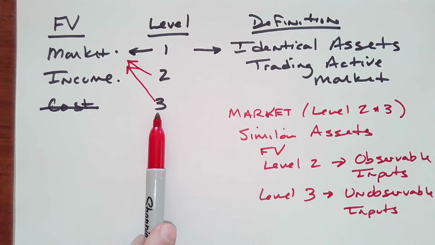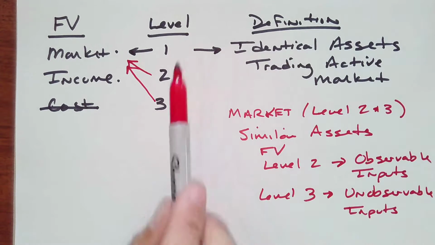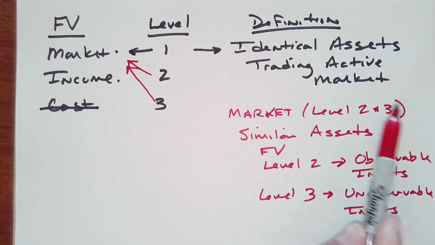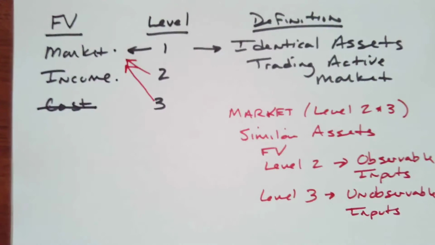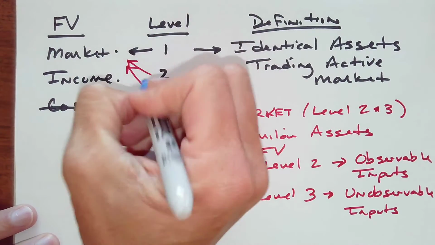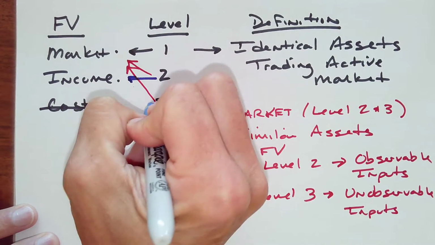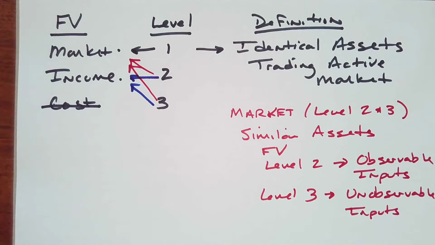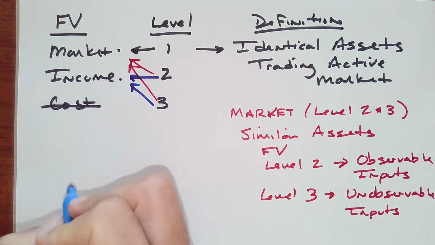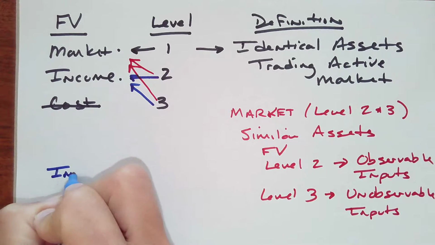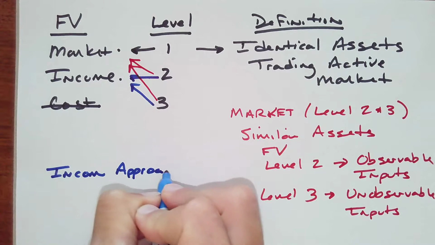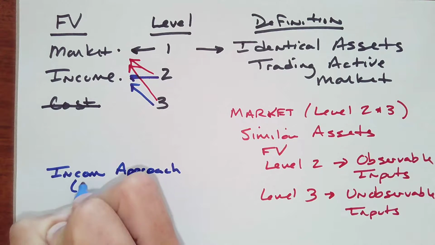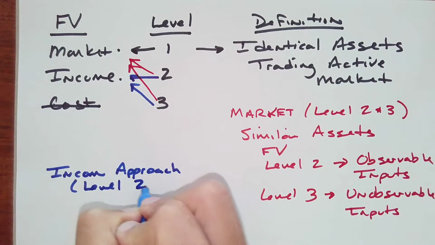Now, if you don't have a market or similar assets for your particular option, you can use the income approach. Right? The income approach is always going to be level 2 or 3.